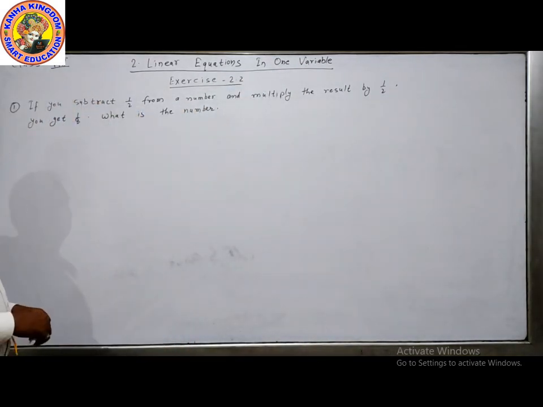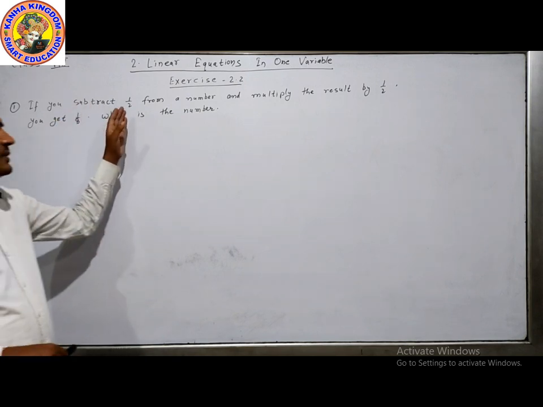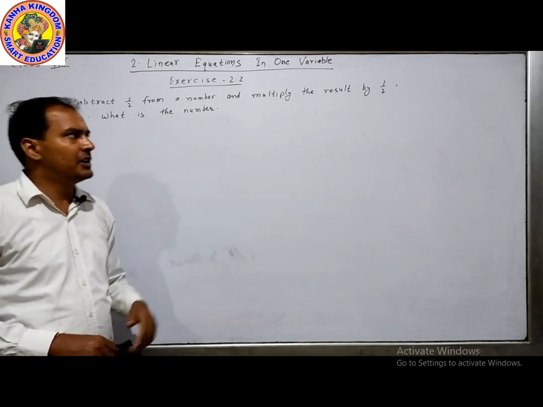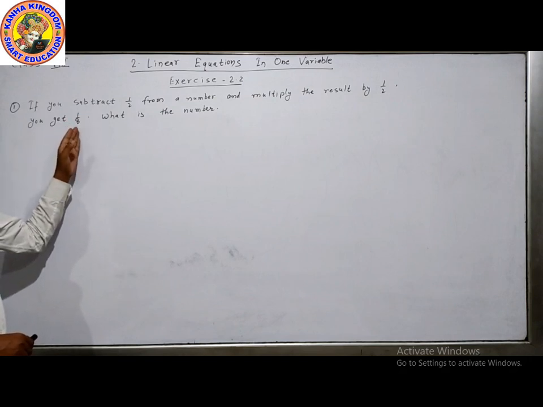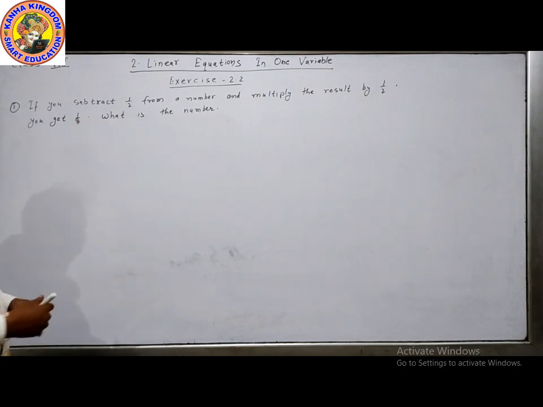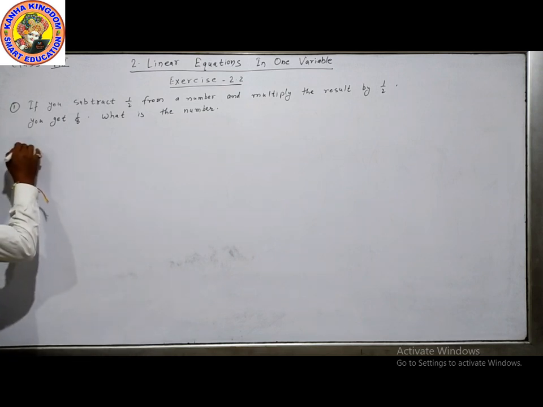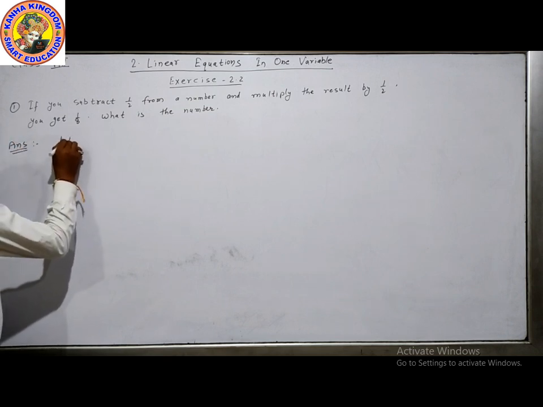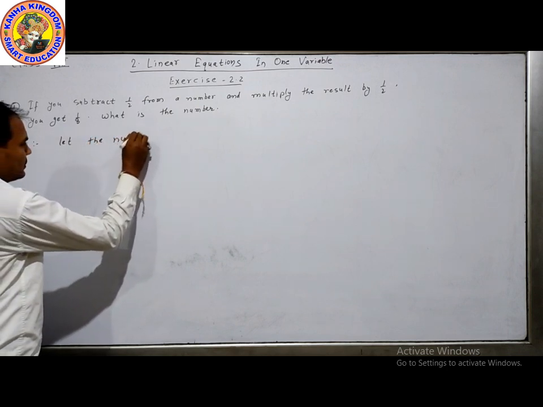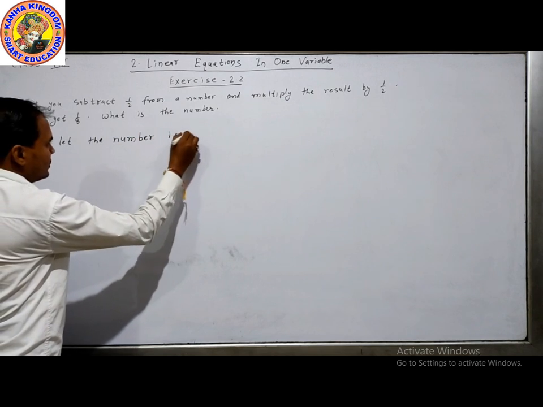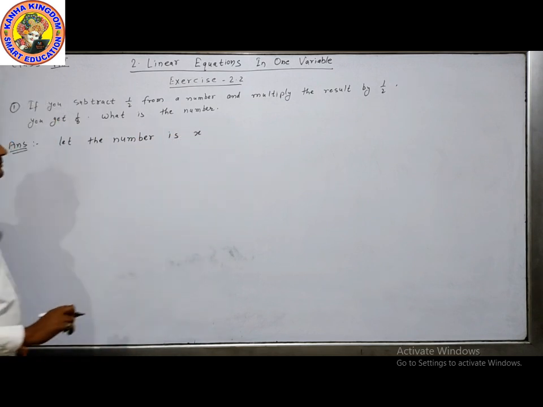In exercise 2.2, question number 1: if you subtract half from a number and multiply the result by half, you get 1 by 8. What is the number? Let's assume the number is x.